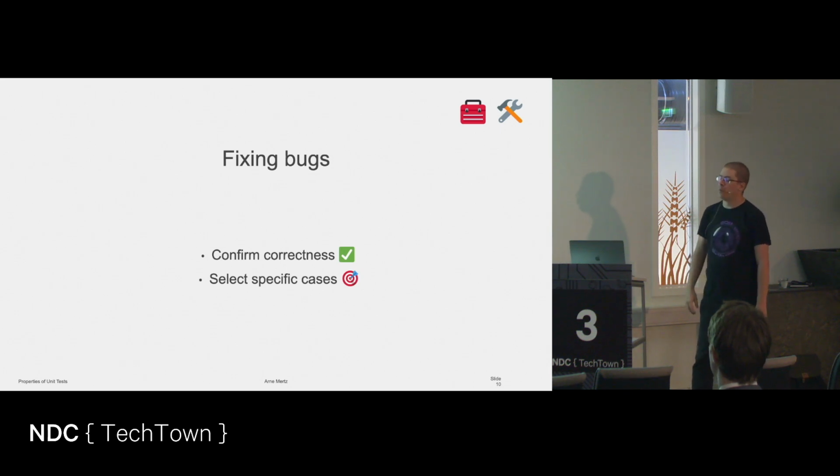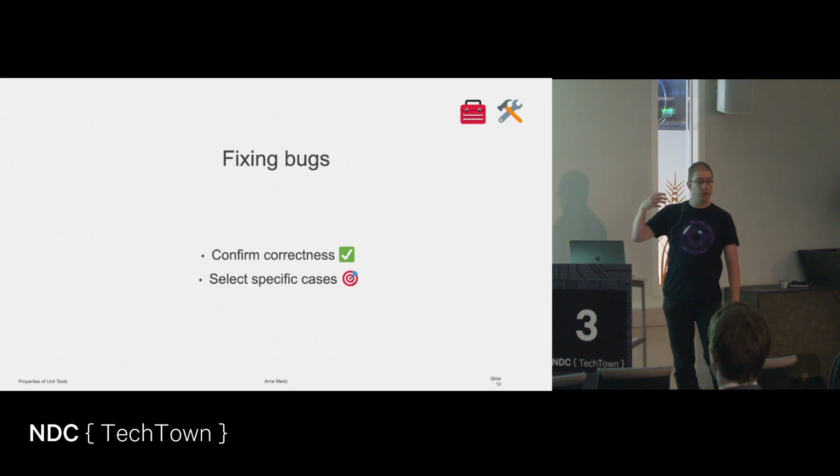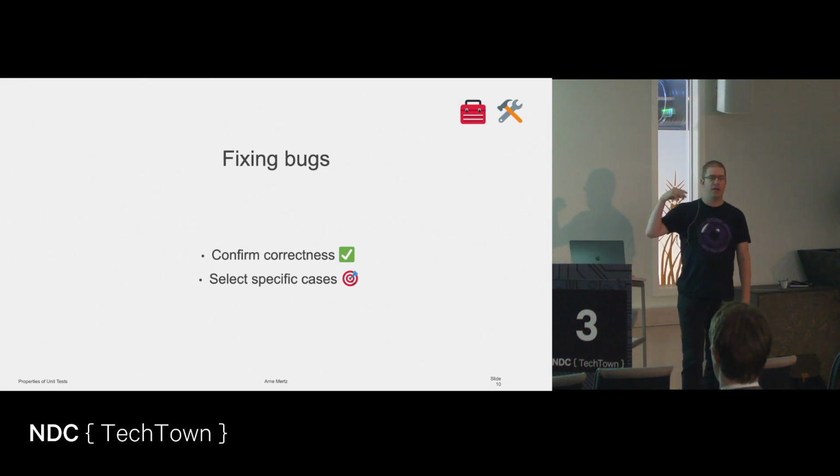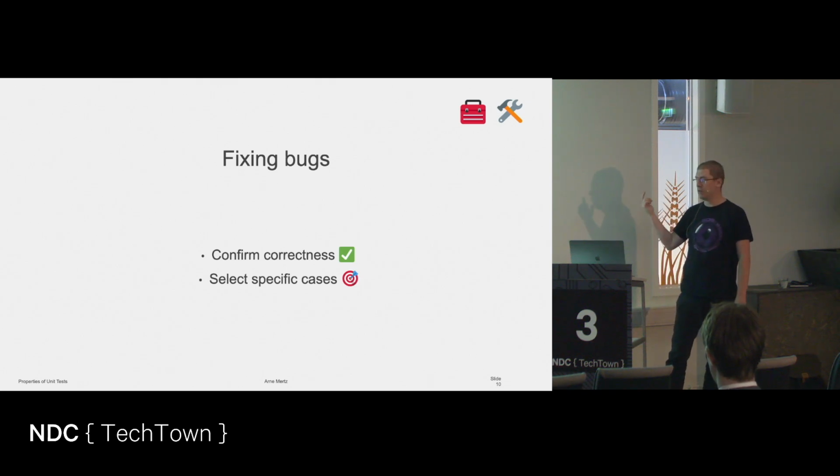So we usually try to write a unit test for those units to pin down the wrong behavior, or in that case, to make a test that should pass when we have fixed the bug. So this is another use case where we can use unit tests.